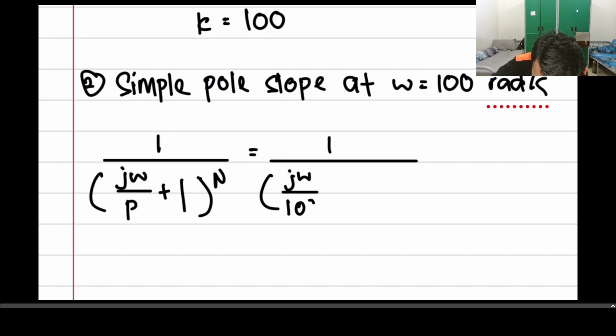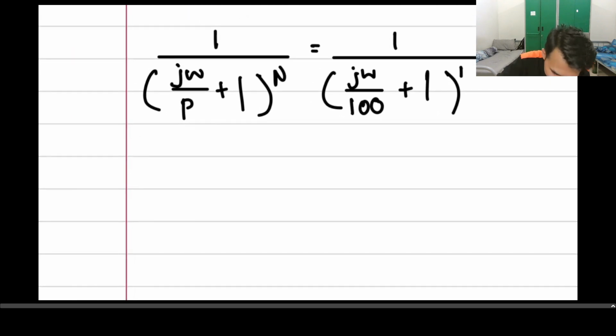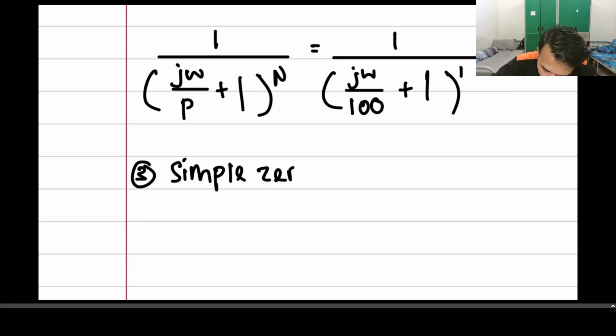So 100 plus 1 to the power of 1, since it only decreases 20 dB per decade. So the third one is the simple zero. Simple zero slope.